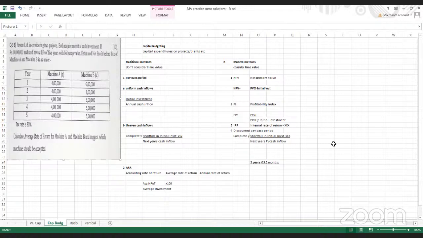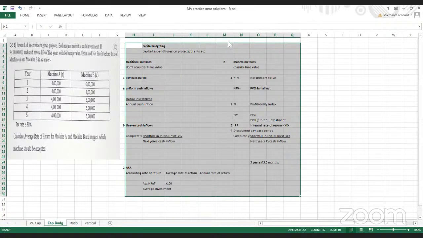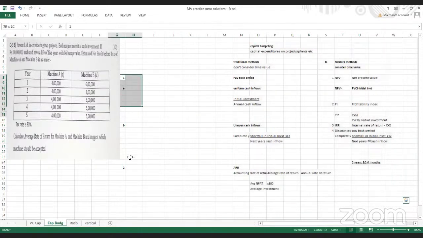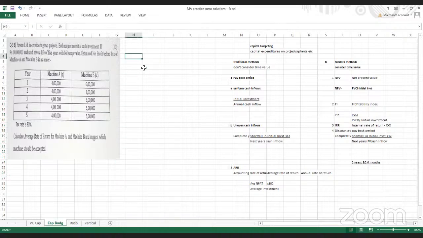Okay students, before we start with these methods, one more thing I'll have to teach you, that is calculating cash inflows. I'll make a format here for calculation of cash inflows.